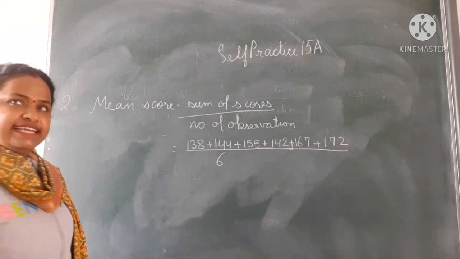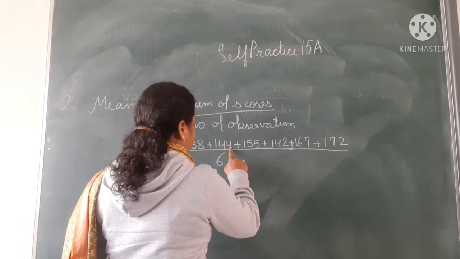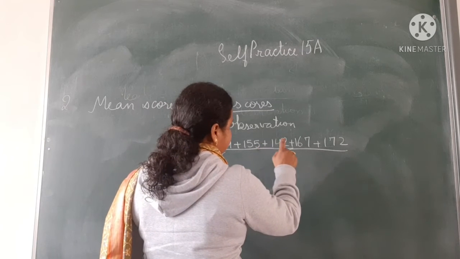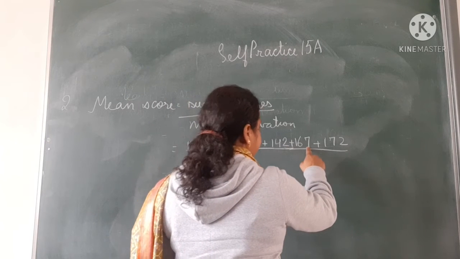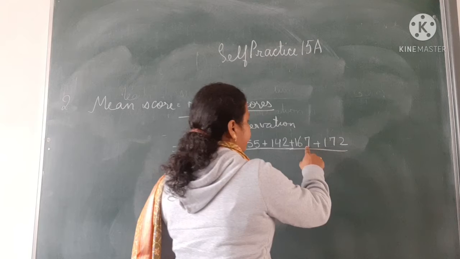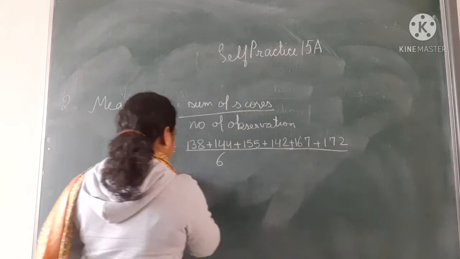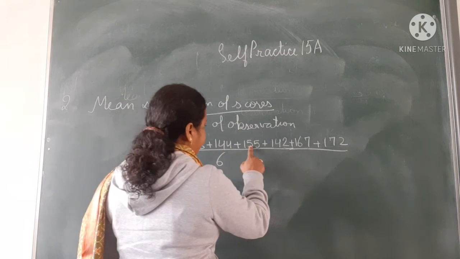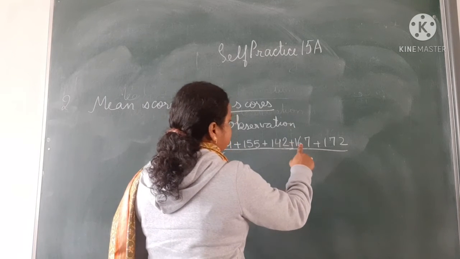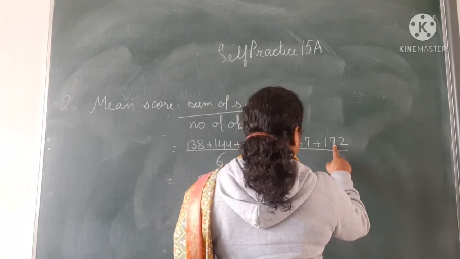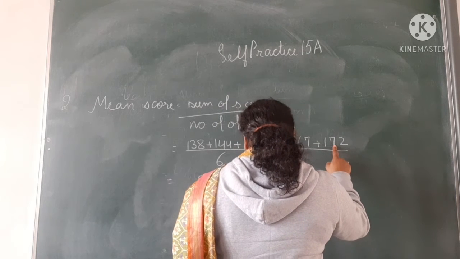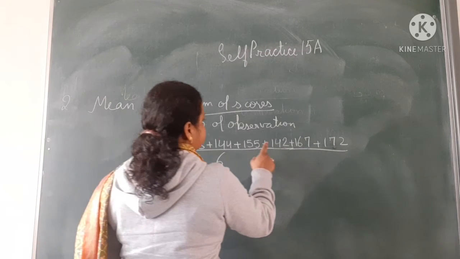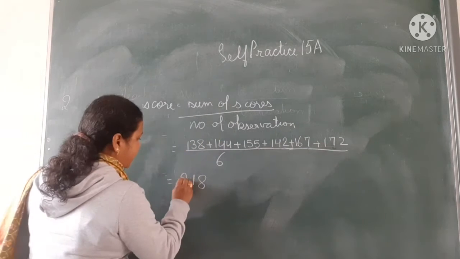So you have to firstly add all the scores. 8 plus 4, 12, 12 plus 5, 17, 17 plus 2, 19, 19 plus 7, 26, 26 plus 2, 28. Carry 2. 5, 4, 9, 9, 5, 14, 18, 24, 24 plus 7, 31. Carry 3. 4, 5, 6, 7, 8, 9.